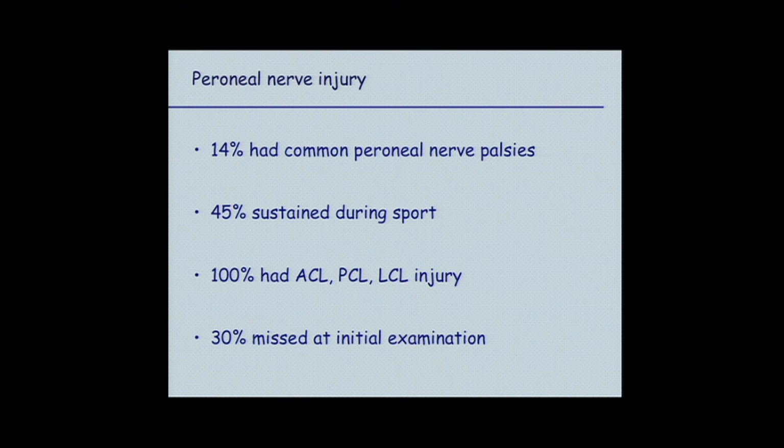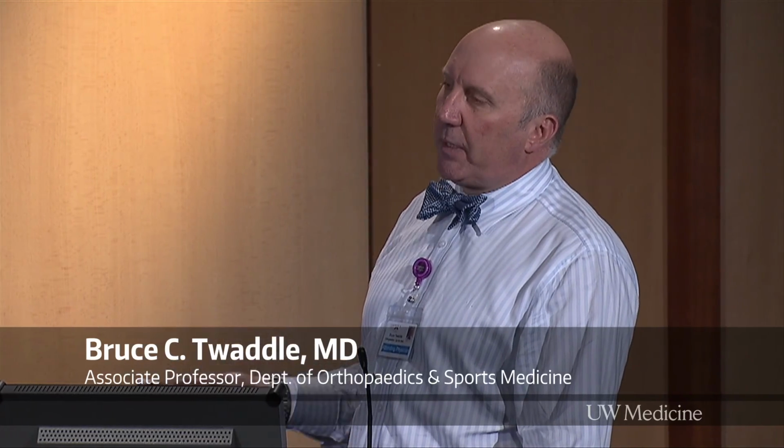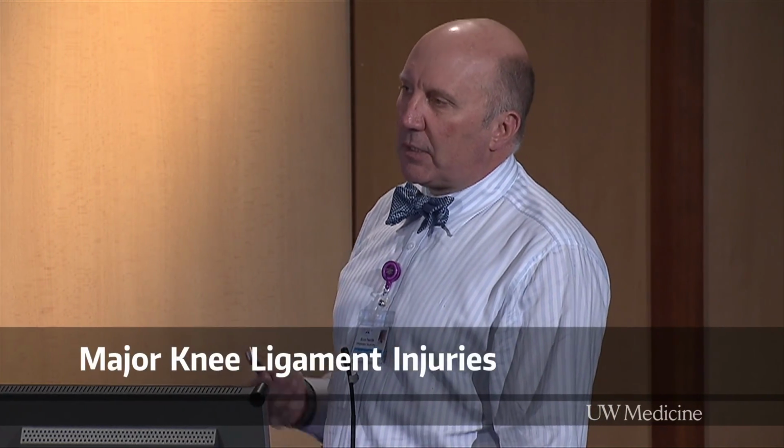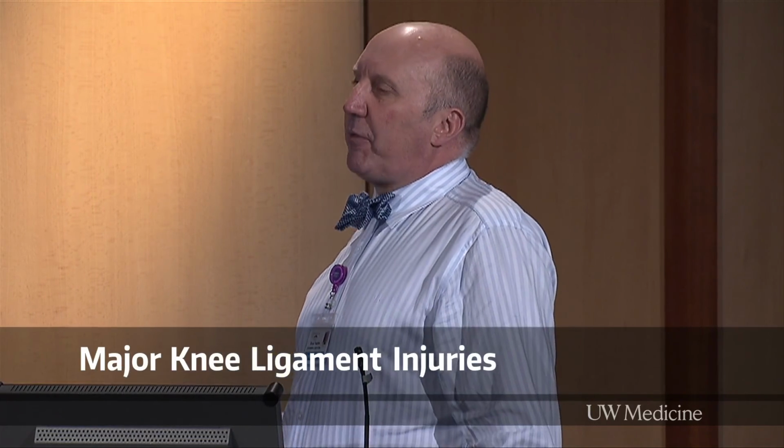Their knee injury is caught up with a whole milieu of other problems, and this particular problem was unrecognised. They were placed in a cast or a splint or a frame, and not until examined further down the line was that injury identified. And if the cast comes off at 6 to 8 weeks in these patients, and then the peroneal nerve palsy is identified, it's a very difficult problem to treat.